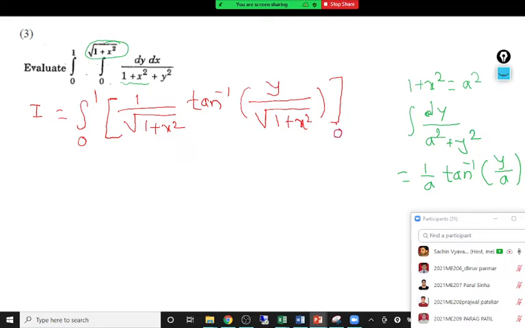Limits of y are 0 to square root of 1 plus x square, and now integration with x we have to do. But before that, we'll replace upper and lower limit. Yes, anyone? When we replace upper limit, what will be the value? If we replace value of y by square root of 1 plus x square.